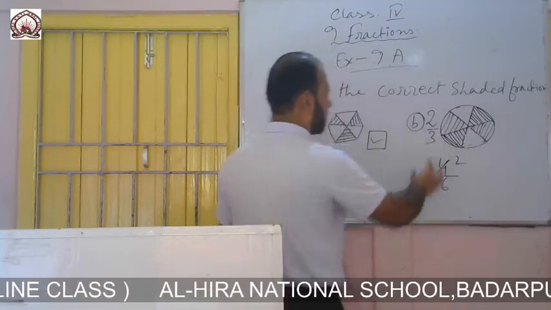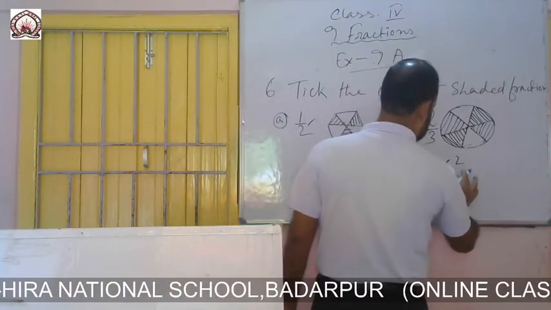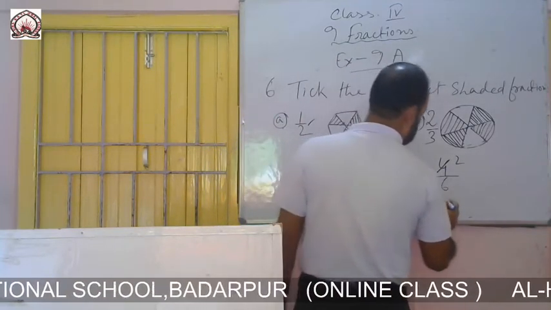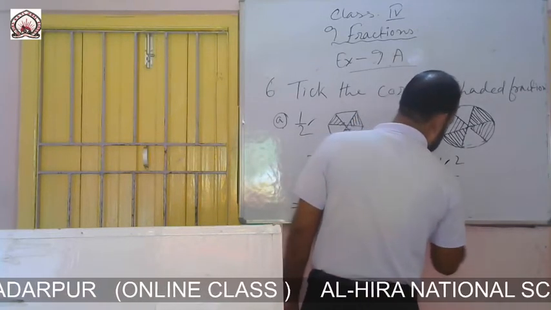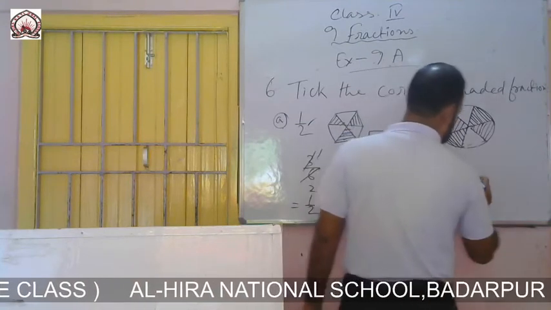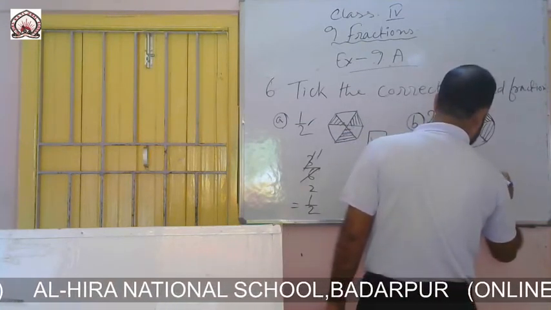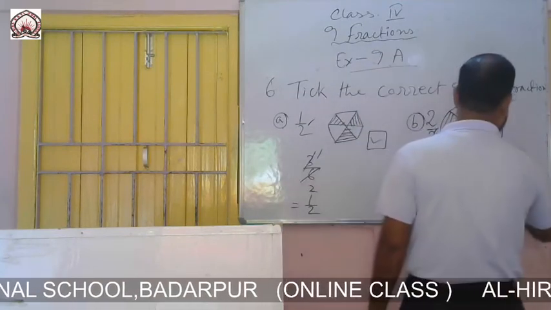Here the fraction is 2/3. 2 threes are 6. So the answer is 2/3. So here also 2/3, so this one is also correct.